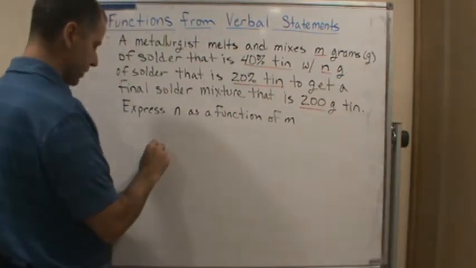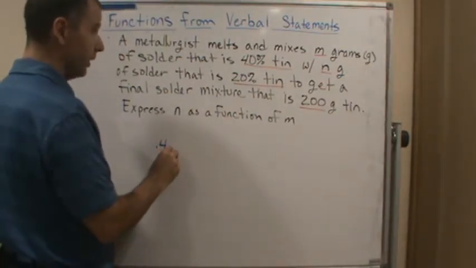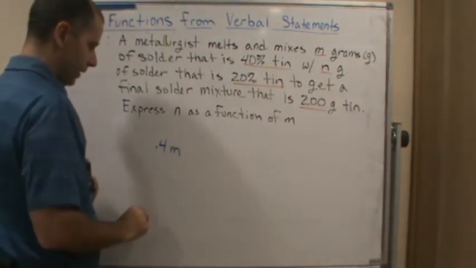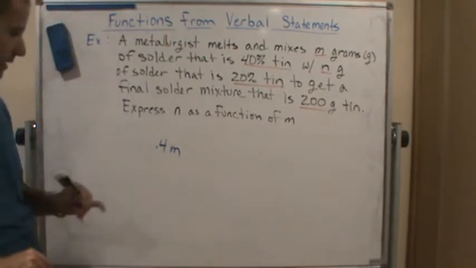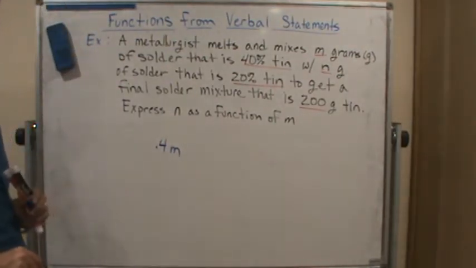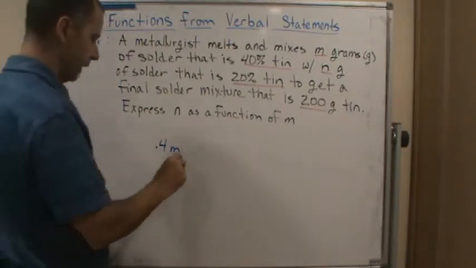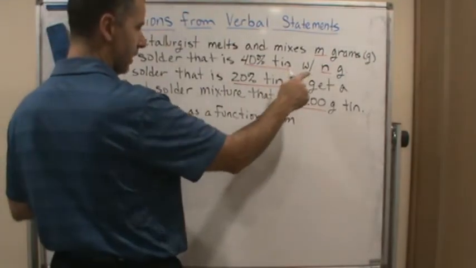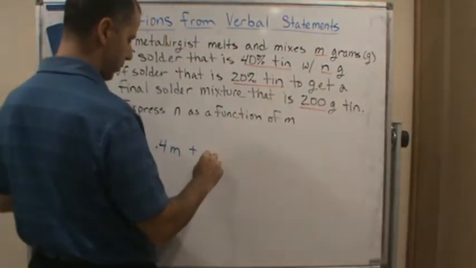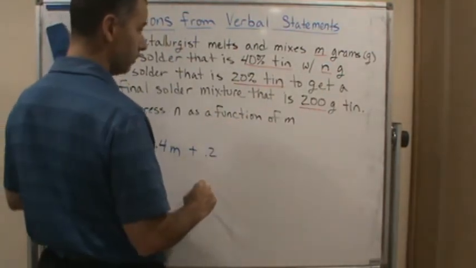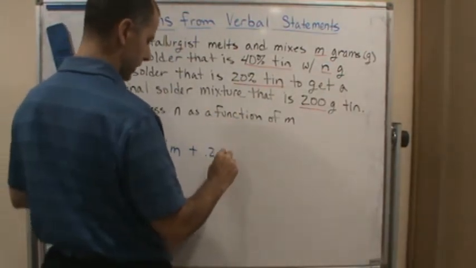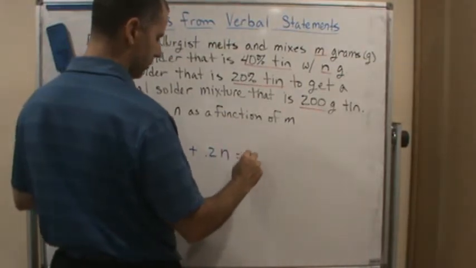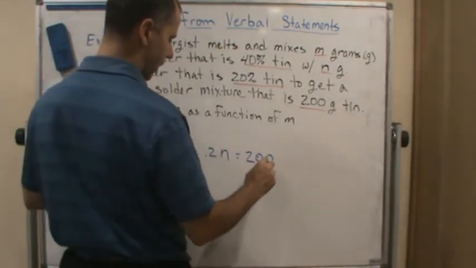So that means 0.4m, that's going to give me the amount of tin in that amount. Plus, same thing here, 20% of tin of the n grams. So I'm going to take 0.2 times n equals the final 200 grams.